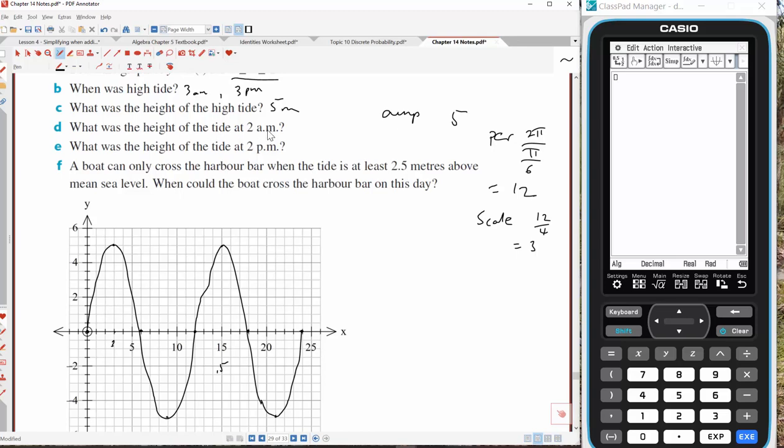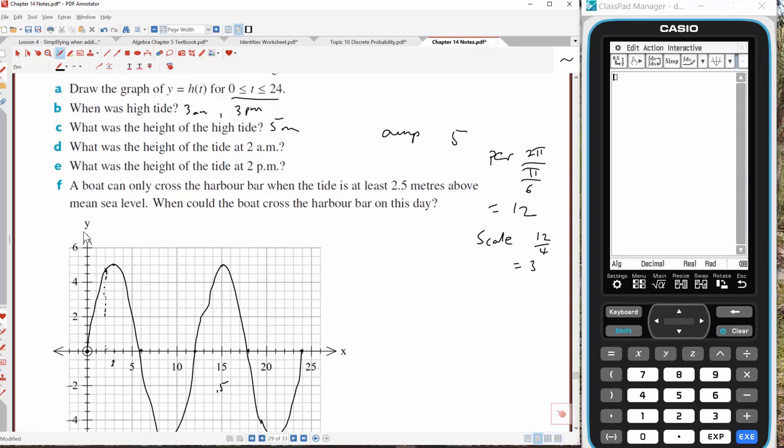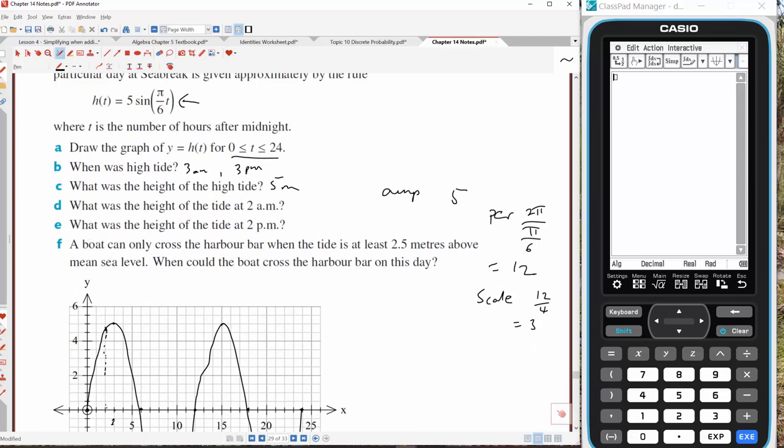What was the height of the tide at 2 a.m.? So that is going to be this height here. To do that, we're going to do h of 2, and that's 5 sine 2 pi on 6.